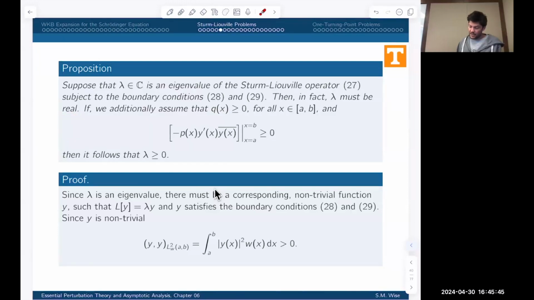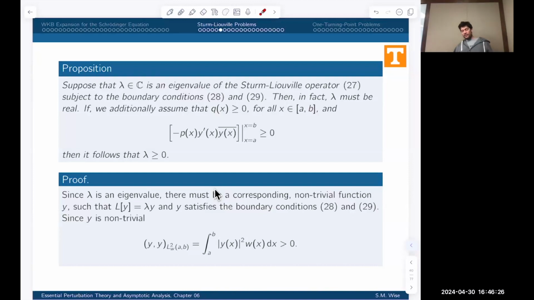If we additionally assume that Q is greater than or equal to 0, and this boundary information holds, minus P of X, Y prime of X, complex conjugate Y of X, evaluated at X equals A, X equals B, difference is greater than 0, then it follows that the lambdas are all greater than or equal to 0. If I say very simply, if I use the homogeneous Dirichlet boundary conditions, then we can show that the eigenvalues have to be positive.